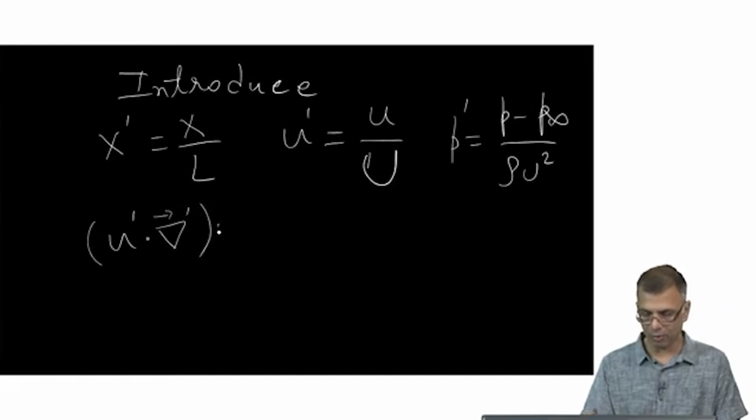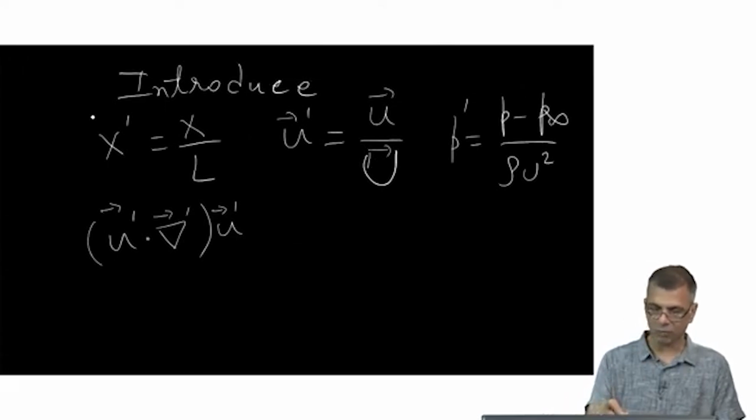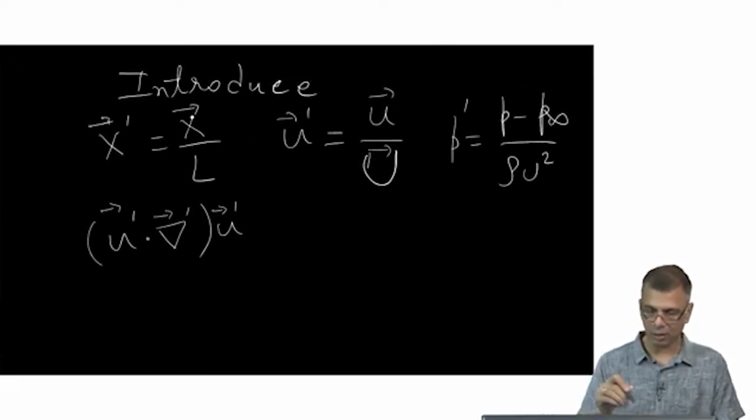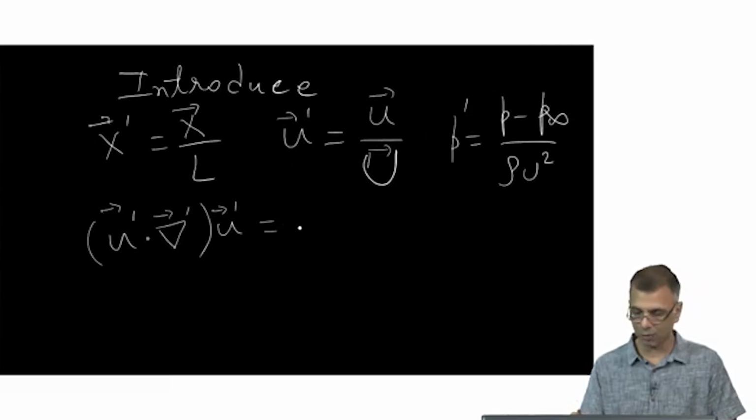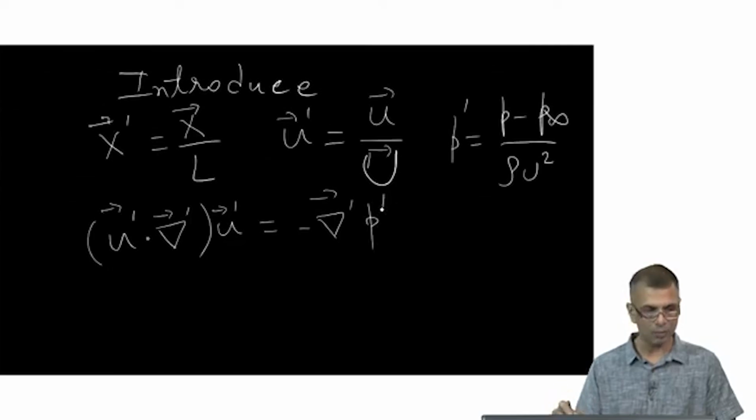Notice, I really should be having vector signs over all of this. Notice even the gradient has a prime. We talked about this when we met last, and we will emphasize this once again in a minute.